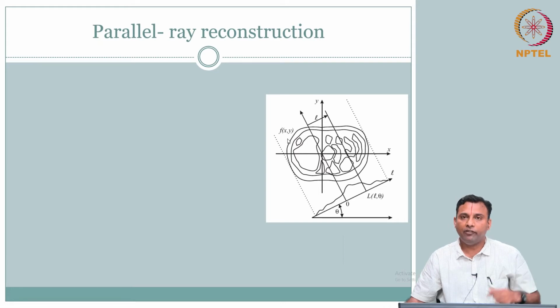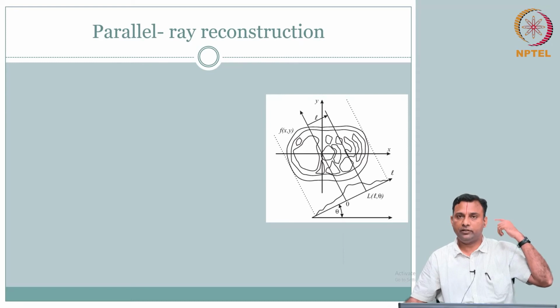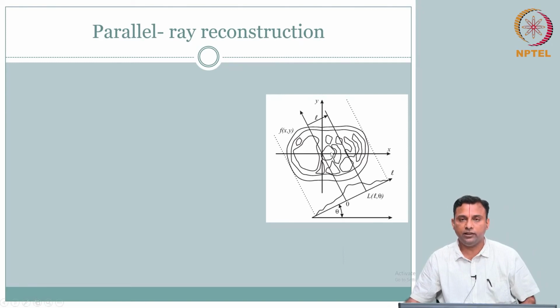What do we get? We get a projection, which is what we saw. What is a projection? If I take an angle, it is a line integral. So what you are getting here is a projection. In this case, a 2D slice is projected to get 1D, which is a line.